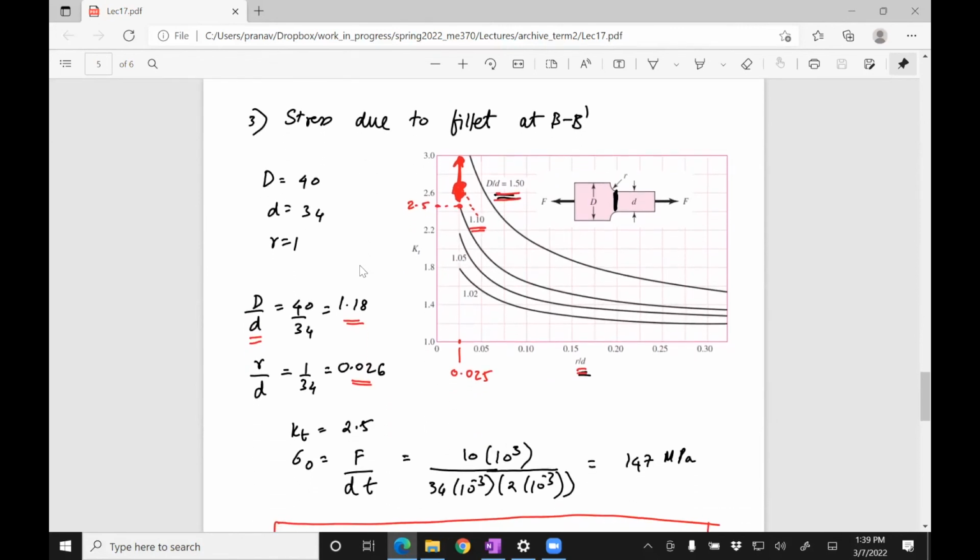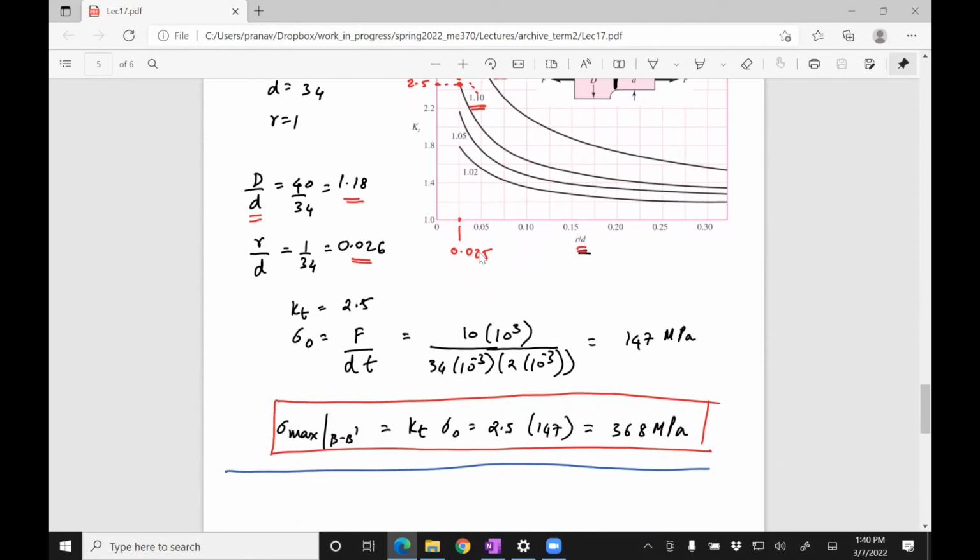For example, let's take this. When you design this, there's a fillet, right? Let's say that because of the design you have a stress concentration, and you have a KT of exactly 2. You can see the way this KT comes into the equation: it basically reduces your strength by a factor of 2.